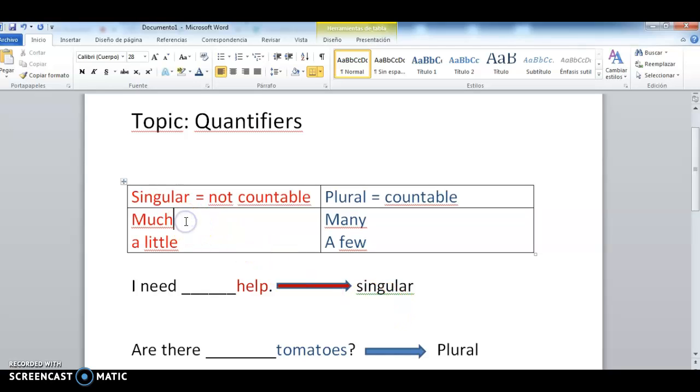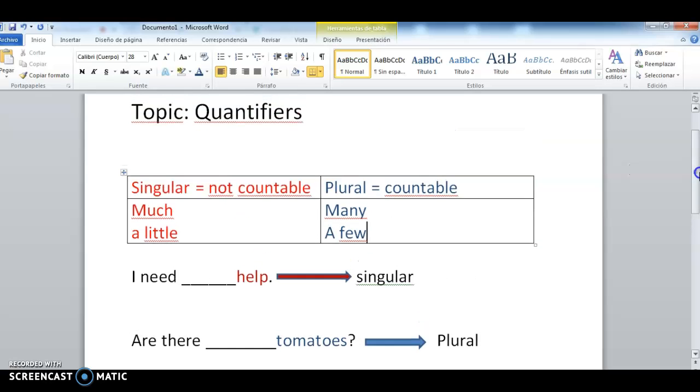So in that case, I can use either much or a little. If in the sentence I see something that is plural, then that means that I can use many or a few. That is how the exercise works.